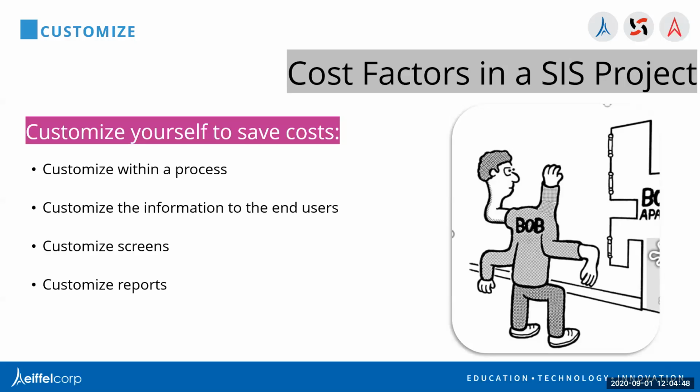It gives you as the institution or the user the ability to customize within a process, whereby you do not have to go back to the vendor every time for a small customization that you want to do. So when we implement the system, we start off with already customizing the system for your processes.